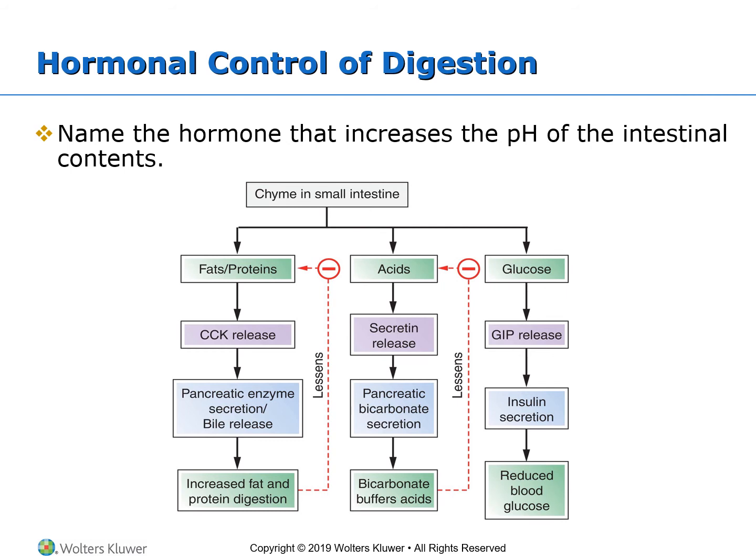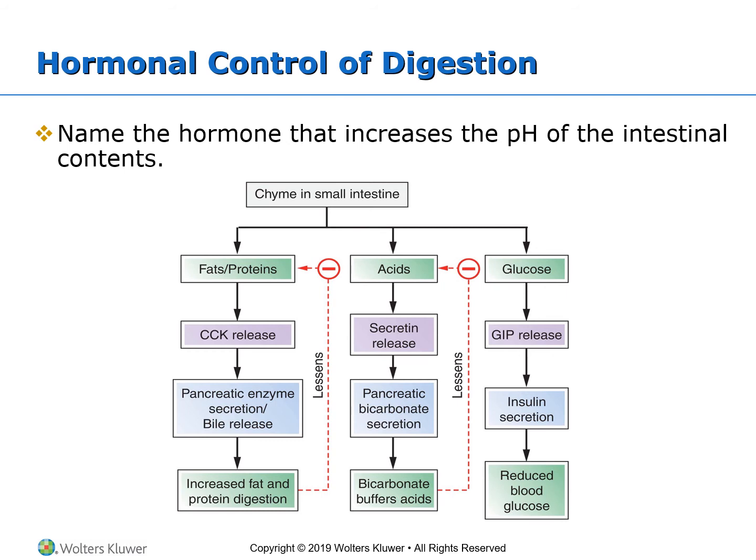If we are looking at the acids, amino acids especially, those will stimulate the release of a hormone called secretin. And the secretin will produce an increased pancreatic bicarbonate secretion that in response will buffer the acids coming from the stomach.